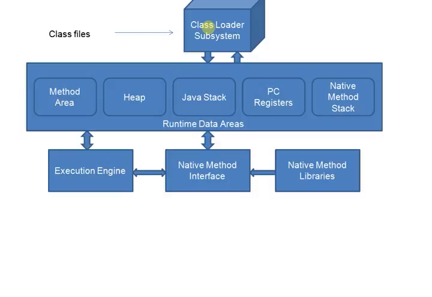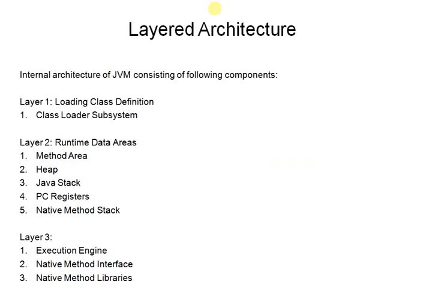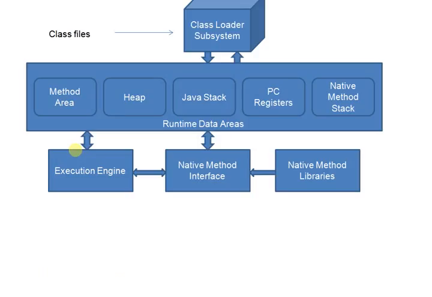Now let's move to the next layer, that is runtime data areas. In runtime data areas, you can see 5 different subcomponents. First, method area. The method area will store the class code and method code.